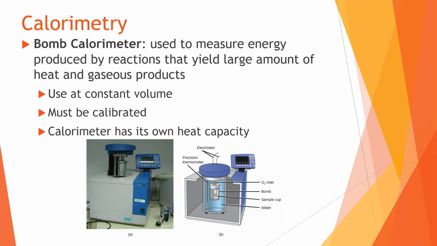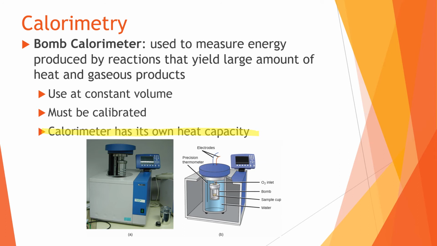Something really important to keep in mind is that the calorimeter itself has its own heat capacity. With the simple styrofoam cup, we assume it's well insulated and no heat goes into the styrofoam. But a bomb calorimeter is made out of metal, so it has its own heat capacity, and we have to account for that.